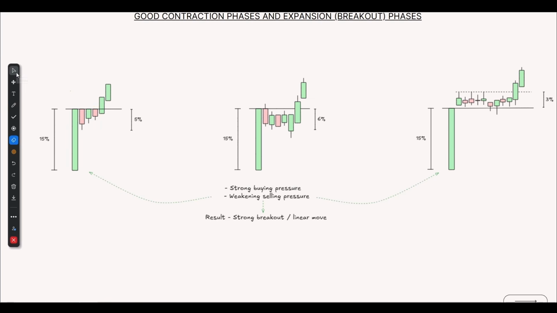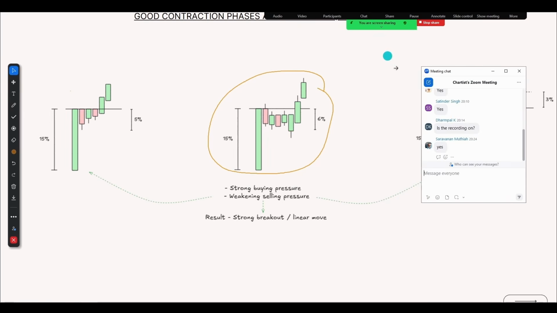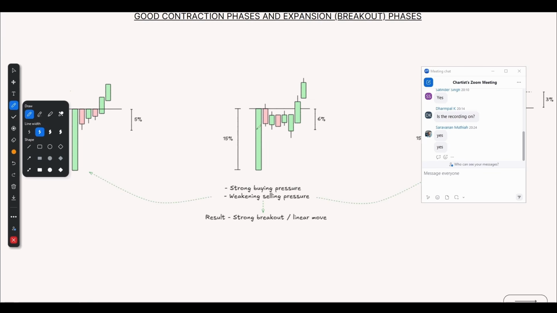Sorry. Now who wants to answer this one? What does this contraction structure tell us? Who wants to answer? Does anyone want to answer? Let somebody else answer this query. Okay, let me pinpoint this more.